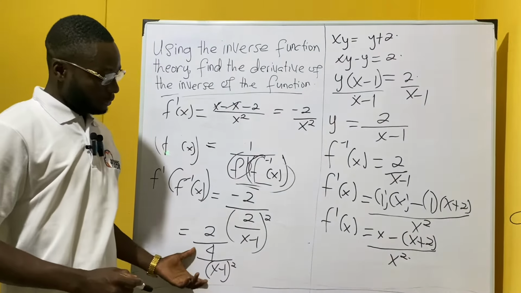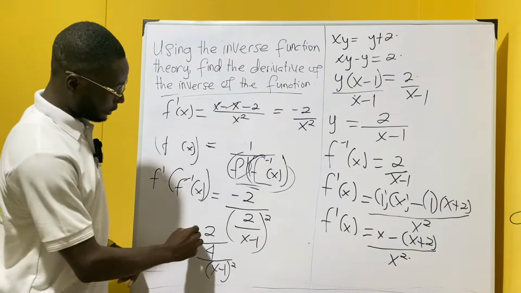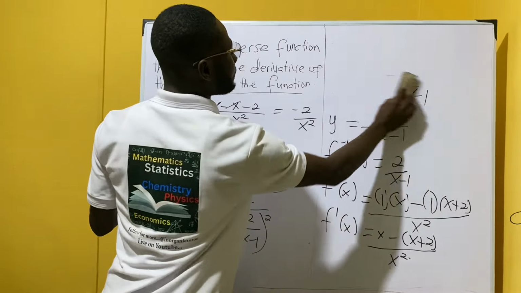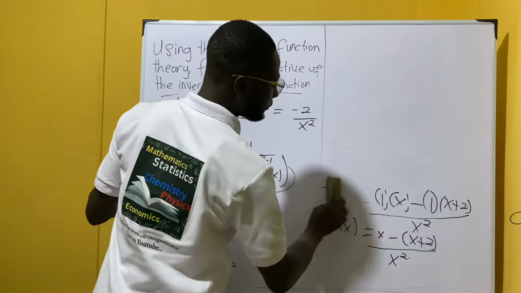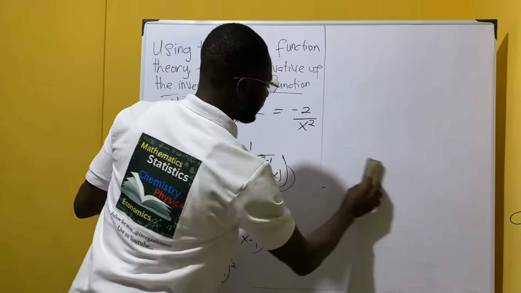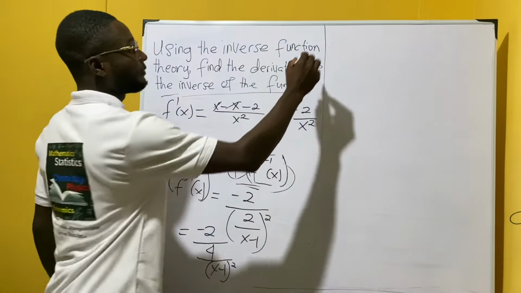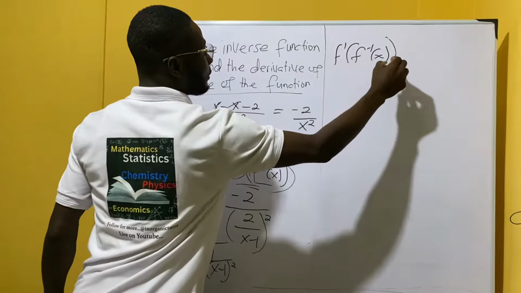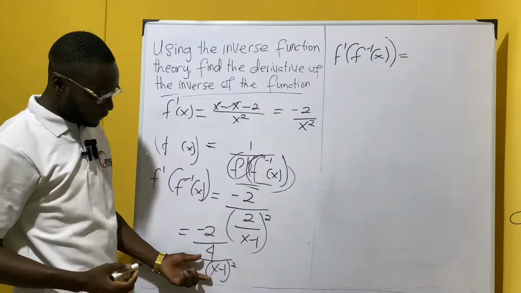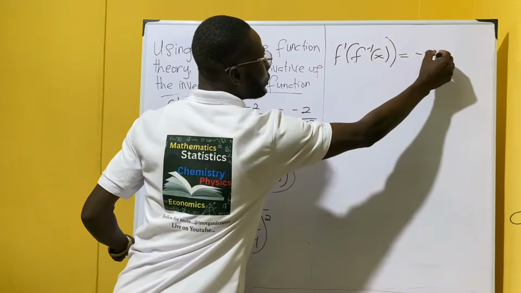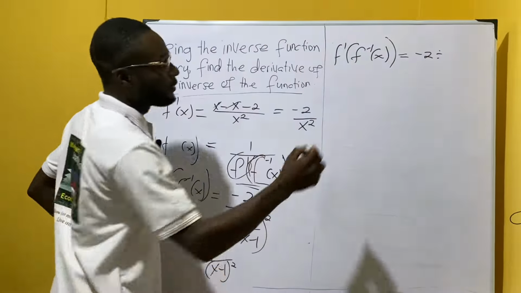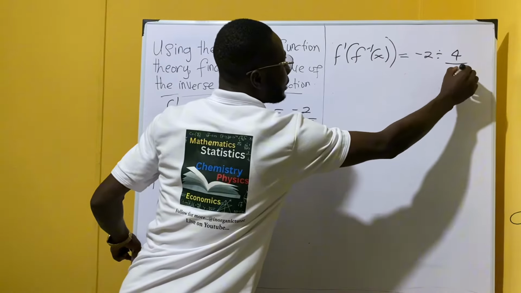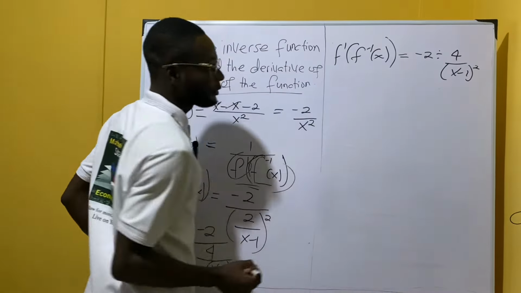And up here there is a minus here. So we have, right? So here we are going to have minus 2 divided by 4 over x minus 1 all squared, right?